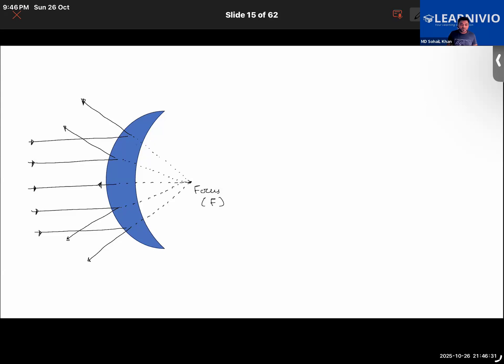So this will be called a diverging mirror. The convex mirror is also known as a diverging mirror. The reason, as you have understood, is that the rays of light after reflection diverge into different directions.